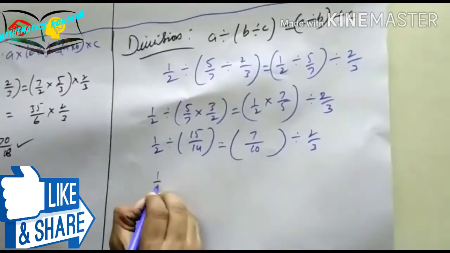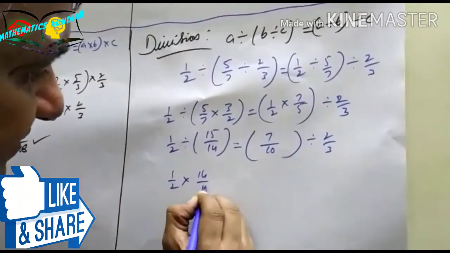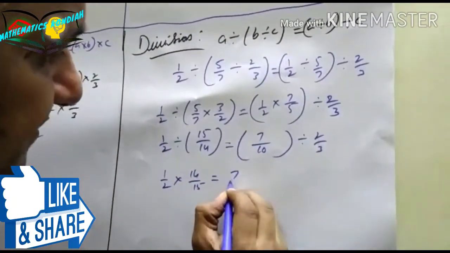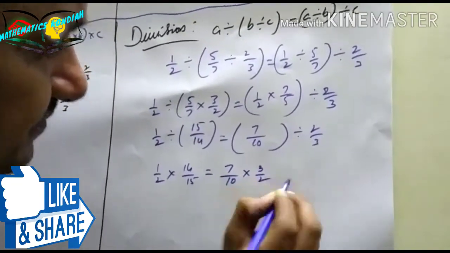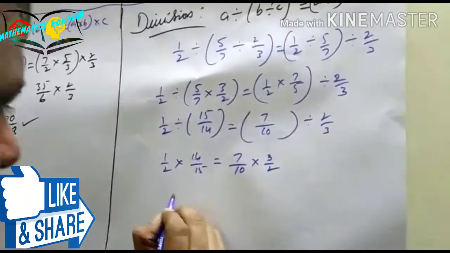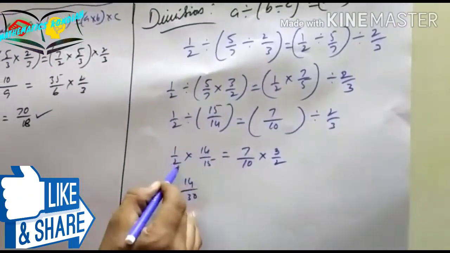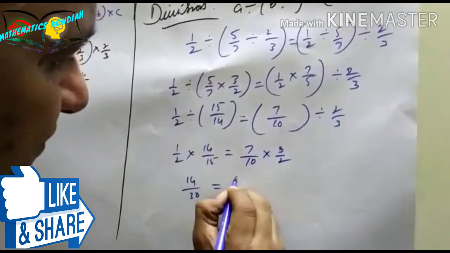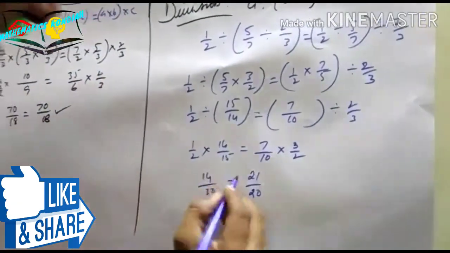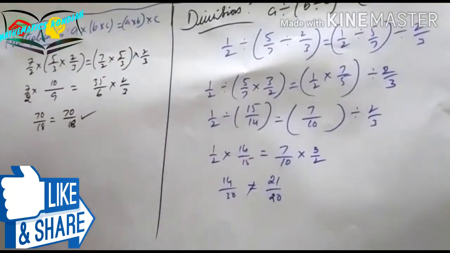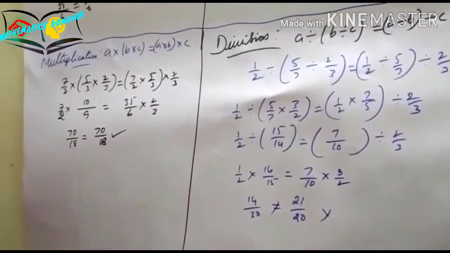Next, the division is converted into multiplication, and the fraction is reciprocal, so 7 by 10 into 3 by 2 is 21 by 20. On the other side, 4 by 15 gives 14 by 30. Therefore, 14 by 30 is not equal to 21 by 20. Therefore, under division, the associative property is not satisfied.